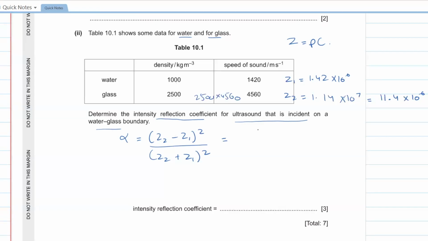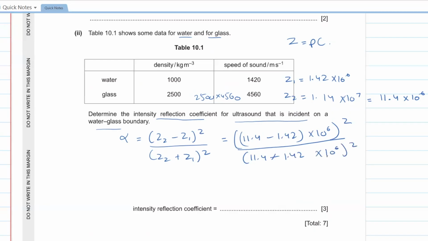Perfect. Now, let's calculate Z2 minus Z1. 11.4 minus 1.42 into 10 raised to the power of 6 whole square divided by 11.4 plus 1.42 into 10 raised to the power of 6 whole square. Now, if you're a little intelligent, to simplify your calculation you will cancel 10 raised to the power of 6 and 10 raised to the power of minus 6.